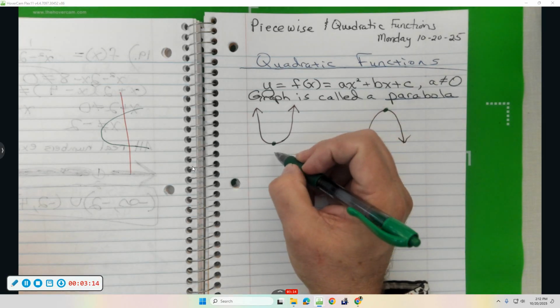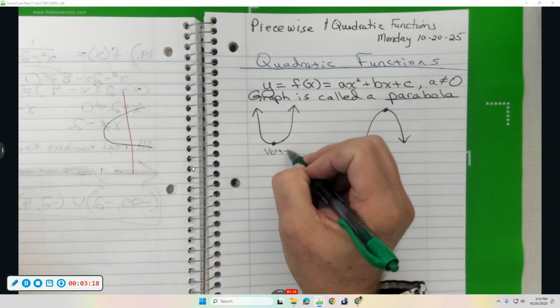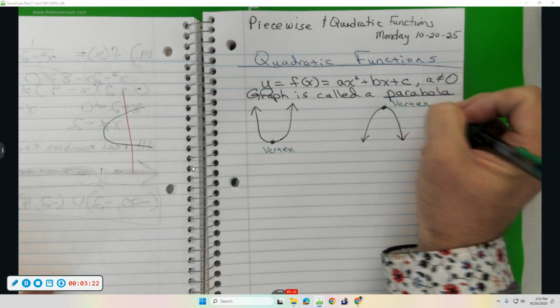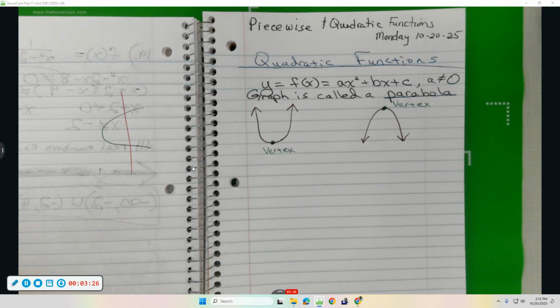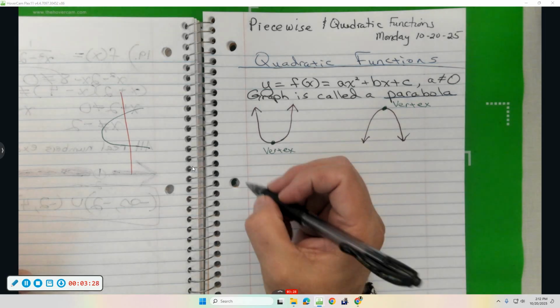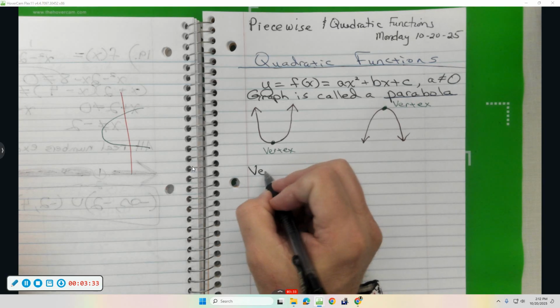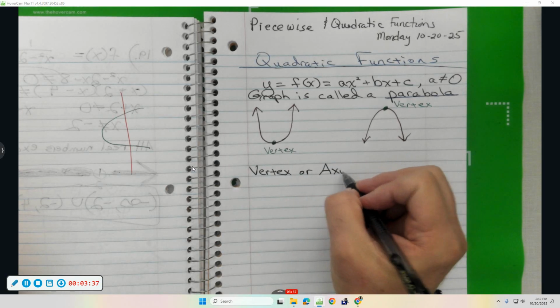That point where the graph changes directions is called the vertex. And to find the vertex, we're going to have, I guess I'll call it the vertex or axis formula.